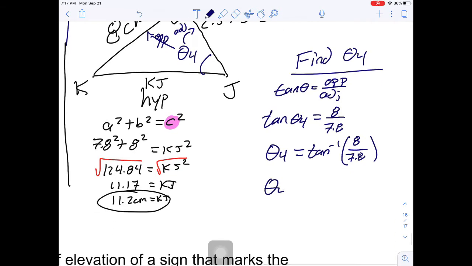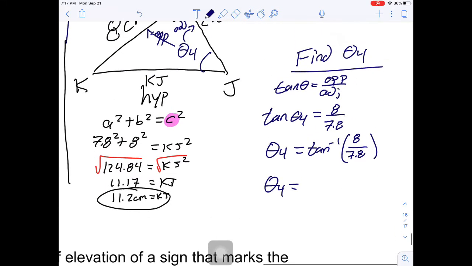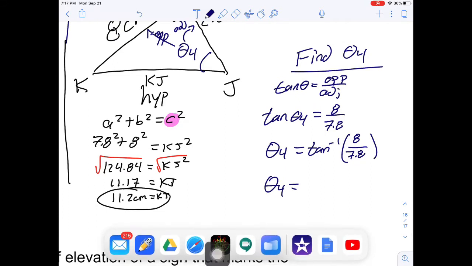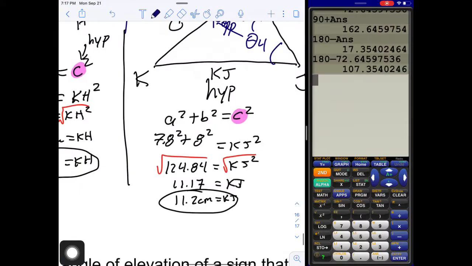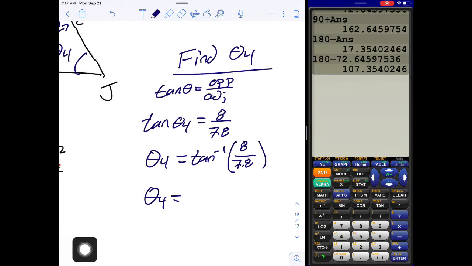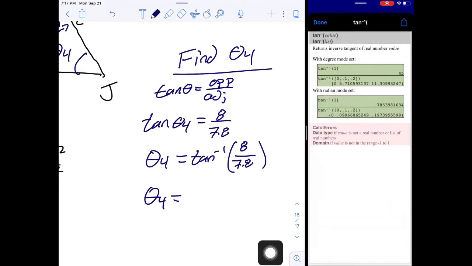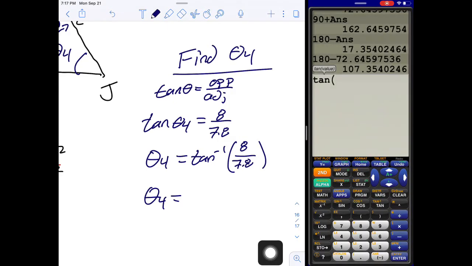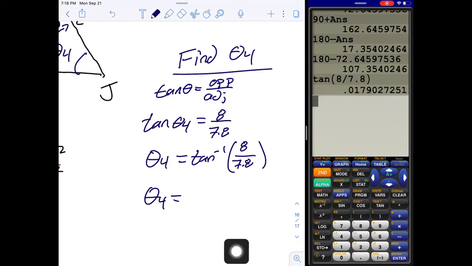So angle 4 equals, remember, second tan to get tan inverse, 8 over 7.8.